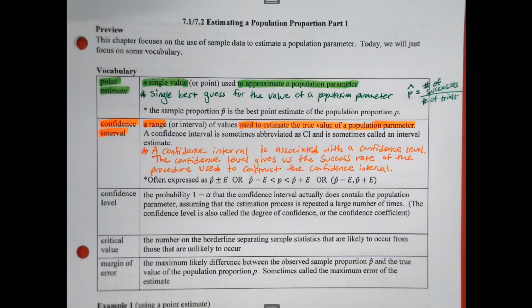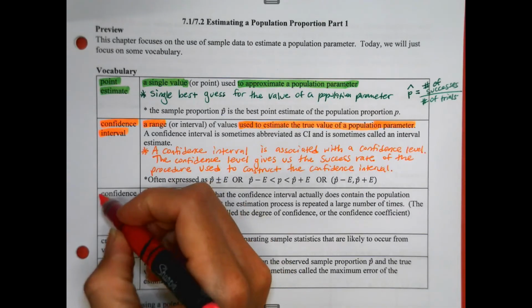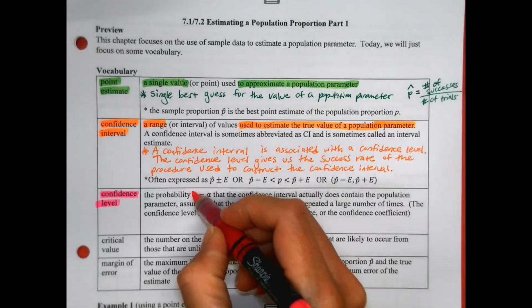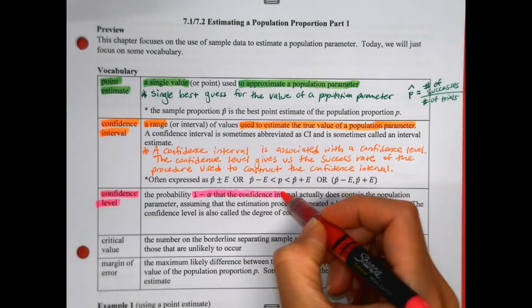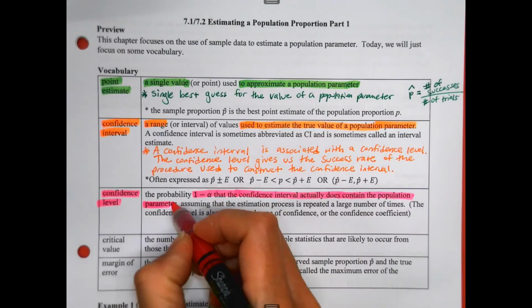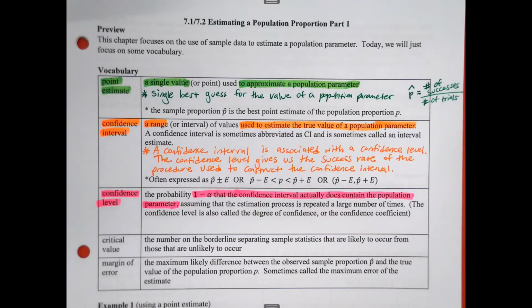Confidence level is the probability, or 1 minus alpha, that the confidence interval actually does contain the population parameter, assuming that the estimation process is repeated a large number of times.